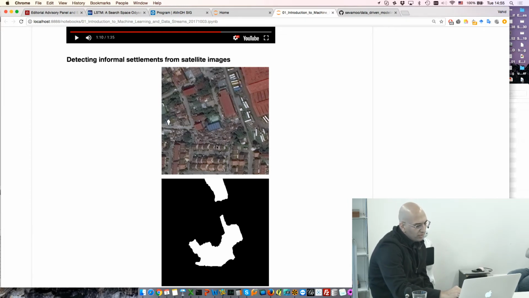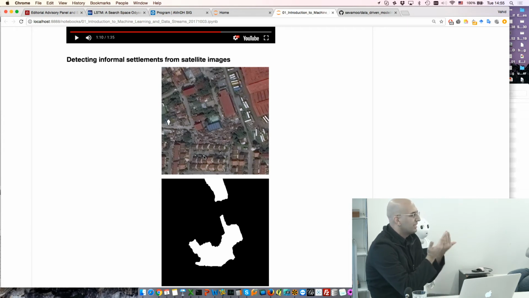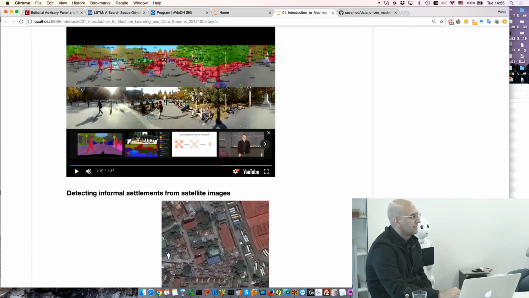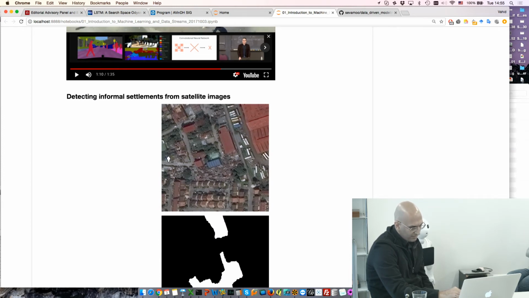If you look visually, you might realize that here is an area, but if you want to do it automatically, that's a hard problem, because you have pixels, this is the only information you have, and then you have some labeled data. So the question is, can you label the pixels? And this is exactly the same problem as here. Here you just label the pixels. You just say this is a label of road, and here you say this is a label of formal settlement, this is a label of informal settlement.